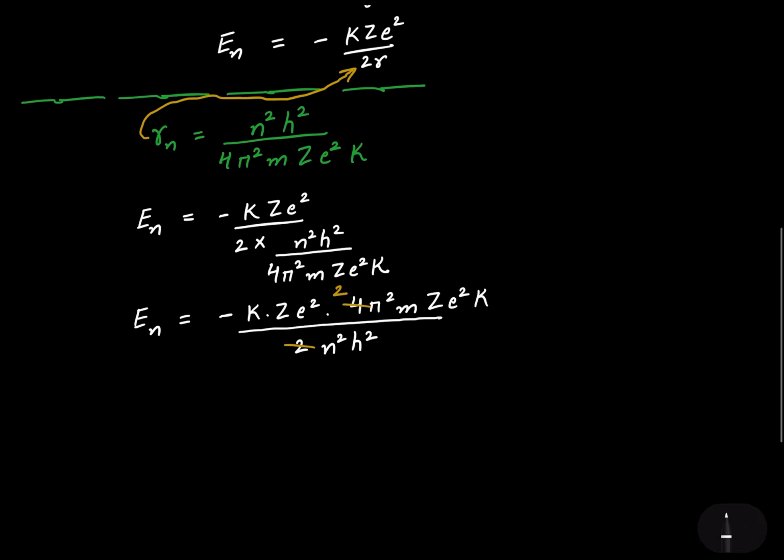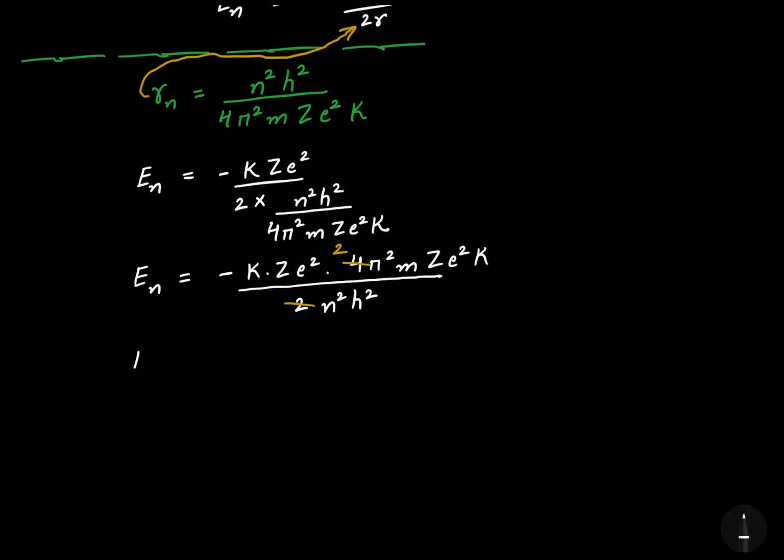So the total formula comes out to be the energy of electron in nth orbit is minus 2 pi square m z square e to the power 4 k square divided by n square h square.